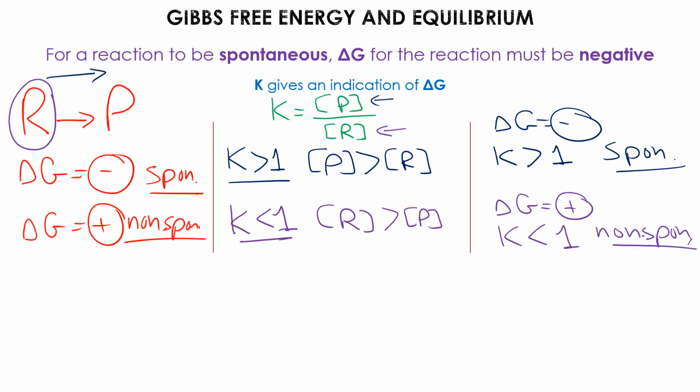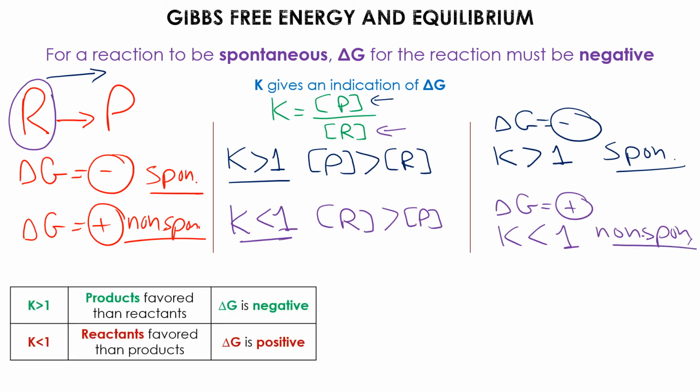So we can see here that when K is higher than 1, the reaction is product favored, because the products are formed smoothly from the reactants. This type of reaction is a spontaneous reaction where delta G is negative.